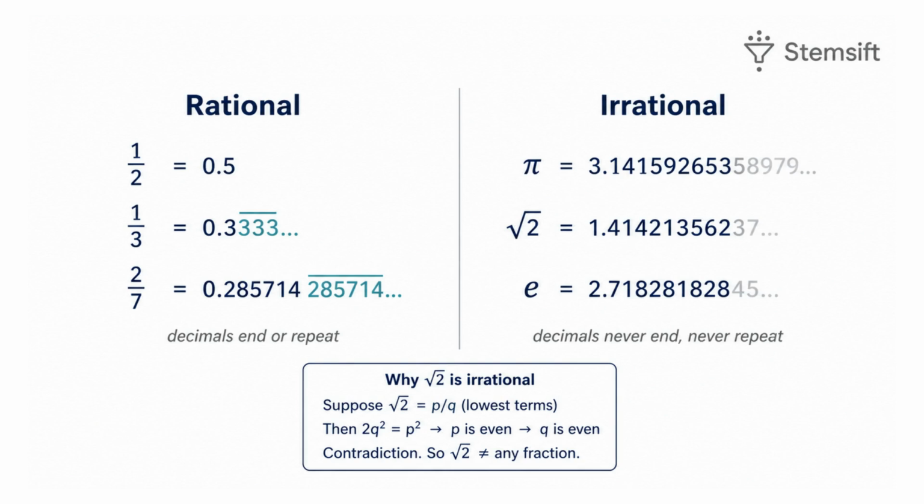Square both sides, do a little algebra, and you can show that p has to be even, which forces q to also be even. But wait, we said they share no common factors. Contradiction. So our assumption was wrong. The square root of 2 simply cannot be written as a fraction. Ever. That's the kind of thing that makes irrationals feel almost mysterious. They're real.